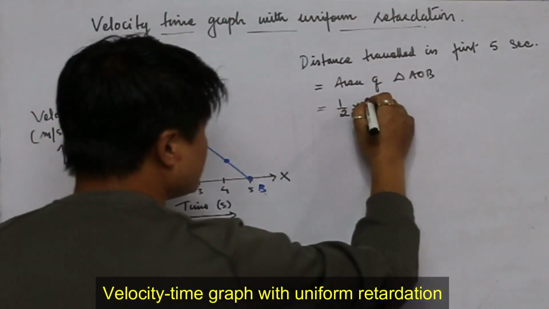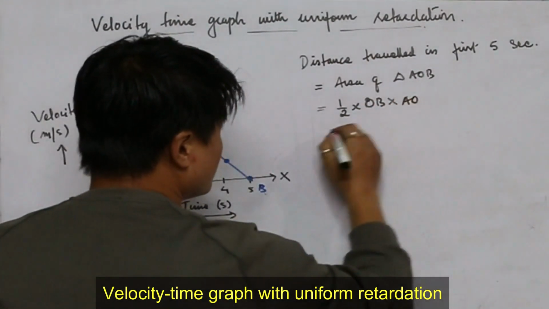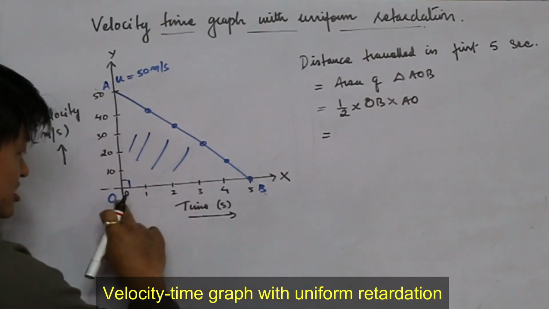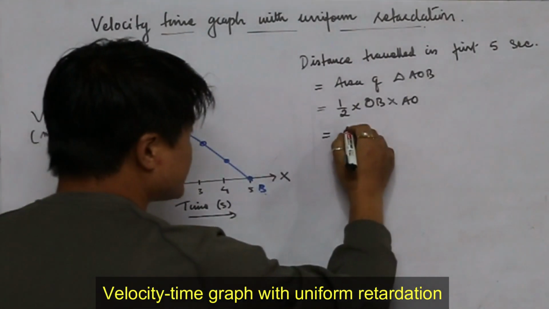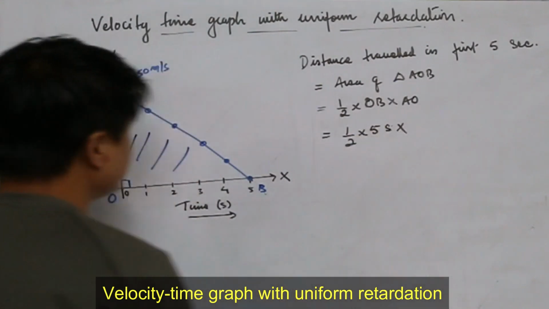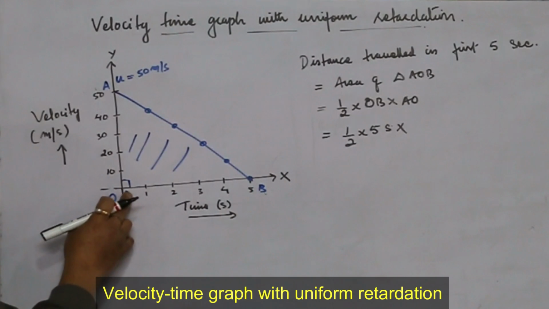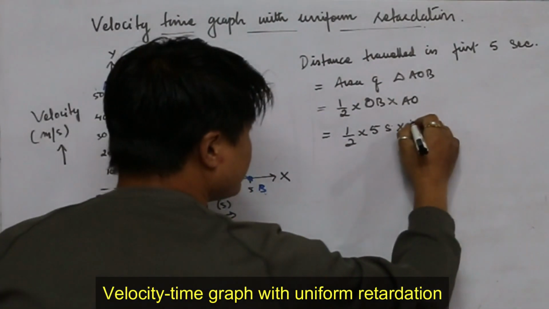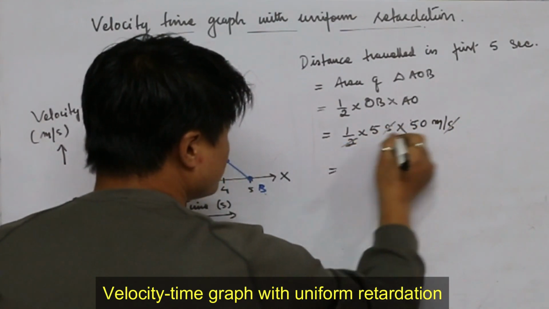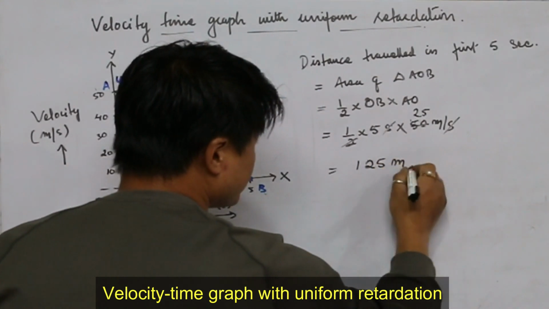Base is OB, height here is AO. So base OB is how much? This axis represents time, so that means 5 seconds. Half into 5 seconds into AO, the height. How much is the height? 0 to 50, this is 50 meter per second. Second will get cancelled. 2 will go 25 times. This is 125 meter.